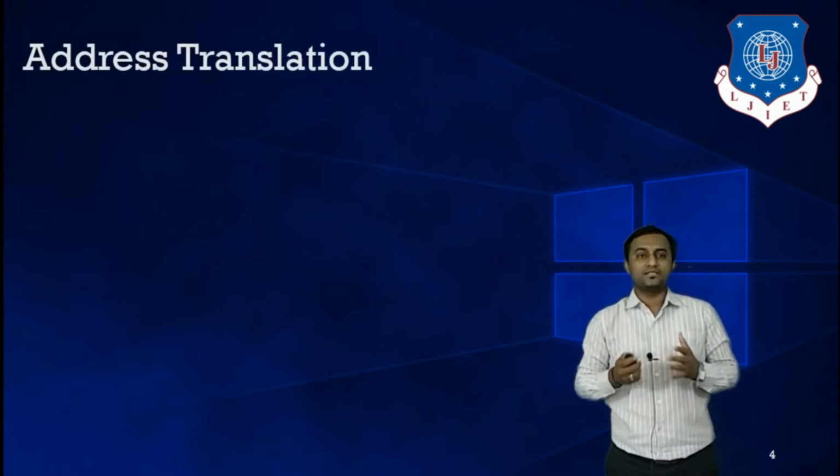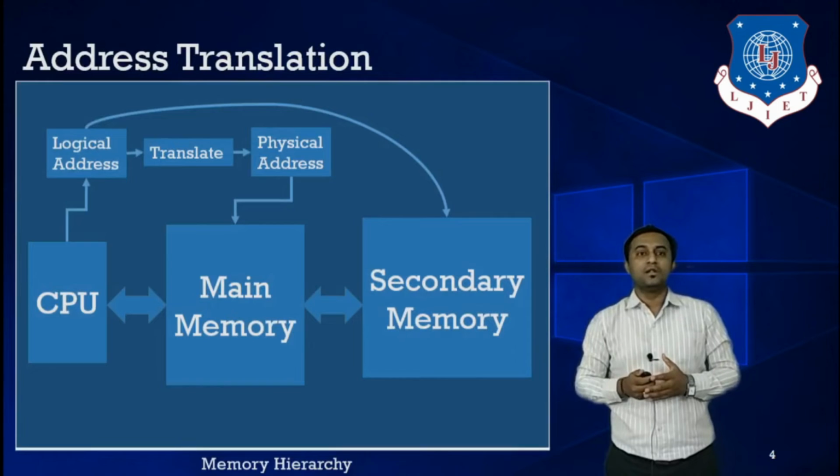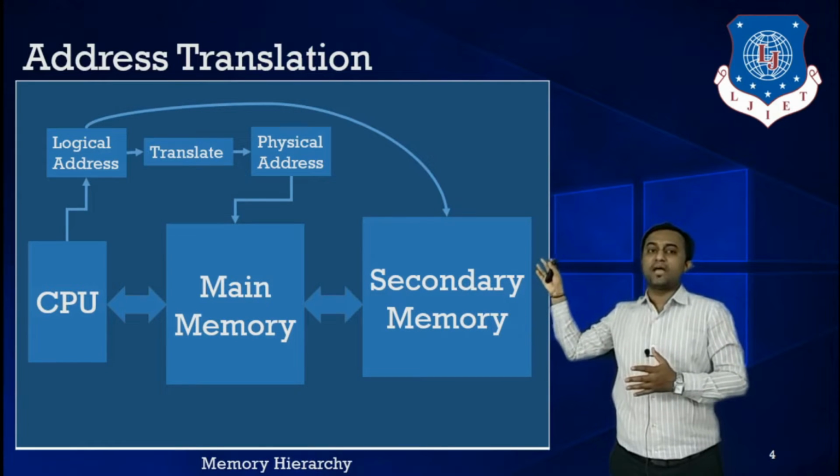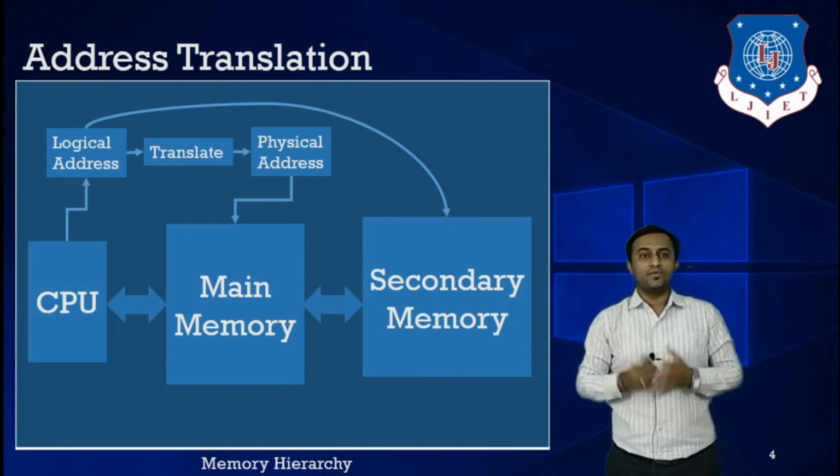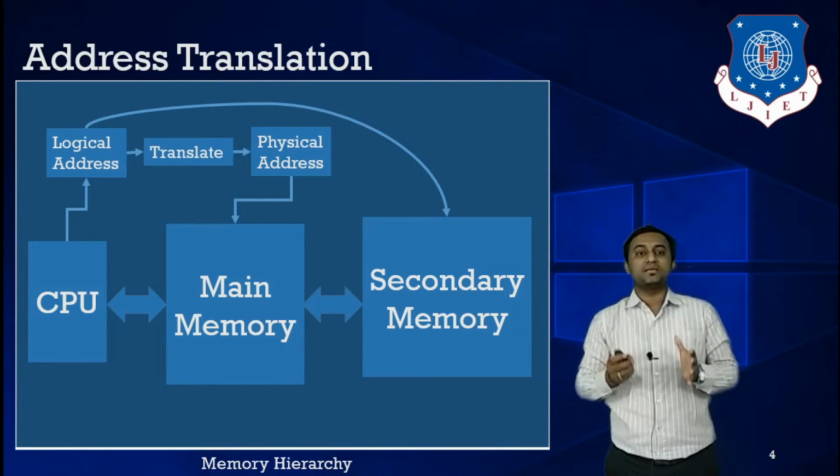To understand it, let us discuss with the help of this figure, in which we have already discussed the concept of memory hierarchy. Same figure we have taken over here with slight modification. In the case of memory hierarchy, there are two types of memory: secondary memory and main memory.